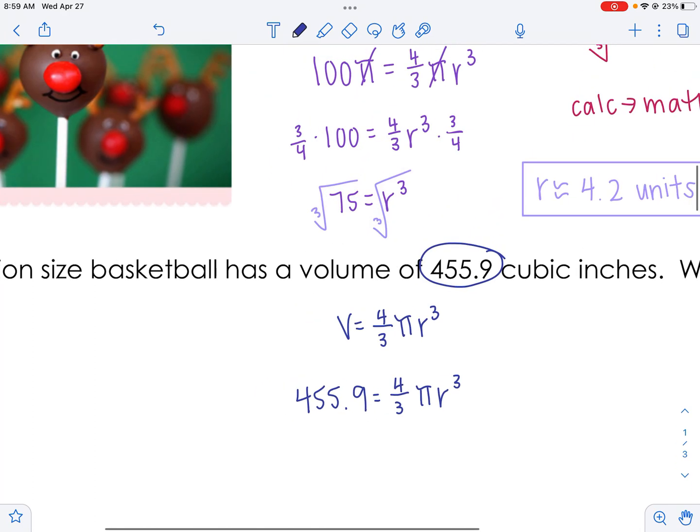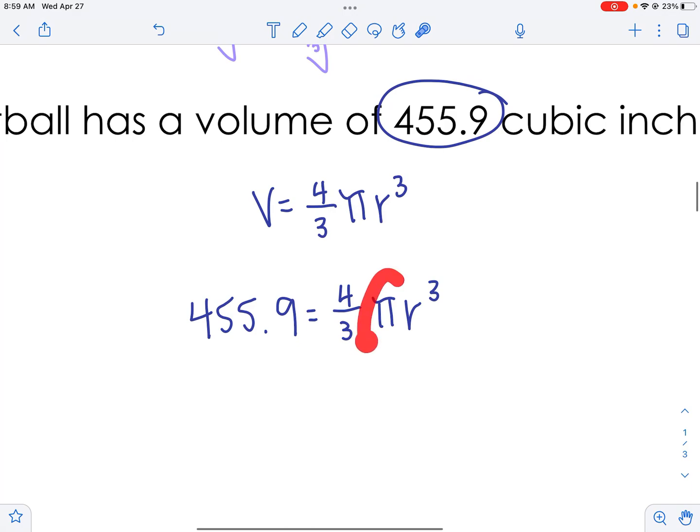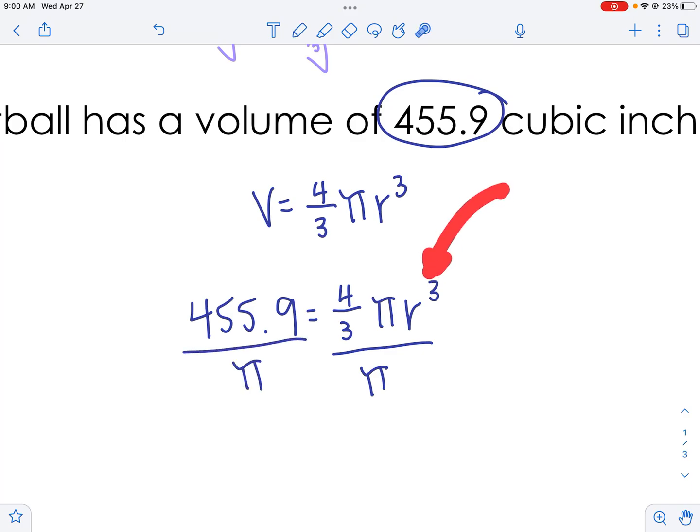Now, this one's different from the last one because the last one had a pi and a pi, so they cancel out. This one only has a pi on one side, which means I'm going to have to go through this process of dividing pi and taking it out. Remember, if I'm going backwards and I just want r by itself, I'm trying to get rid of everything else. So it's some dividing, some taking things away. So 455.9 divided by pi.